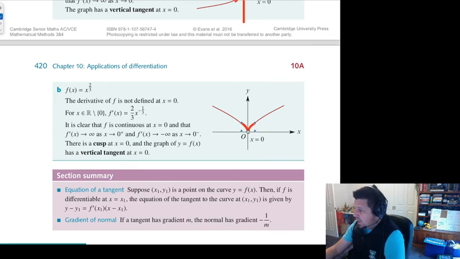It's really, really sharp at that particular point, at x equals 0. Due to the nature of it, you can see it's continuous, but you couldn't find the derivative when x equals 0. So in this case, imagine that's a straight line, it's going to have a vertical tangent at x equals 0.